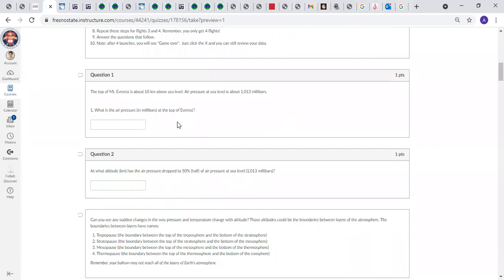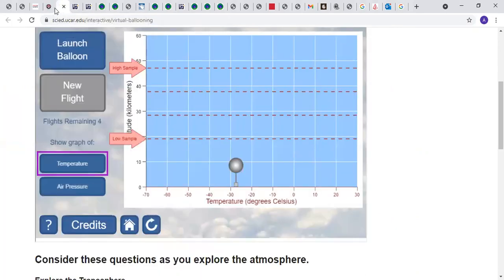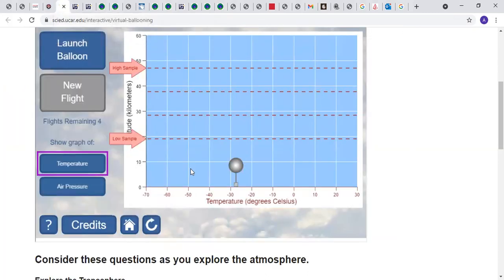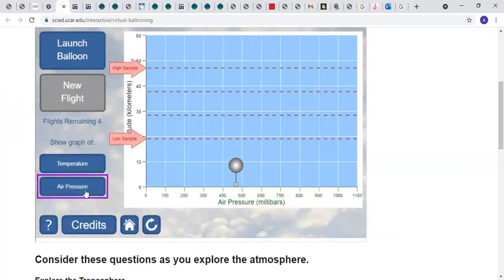Once you do find that, you're going to use your data points to answer the following questions. If you have a reading at 10 kilometers, you're going to try to find the pressure. So if you have a data point at 10 kilometers right here, you're going to find the air pressure at 10 kilometers for that question.